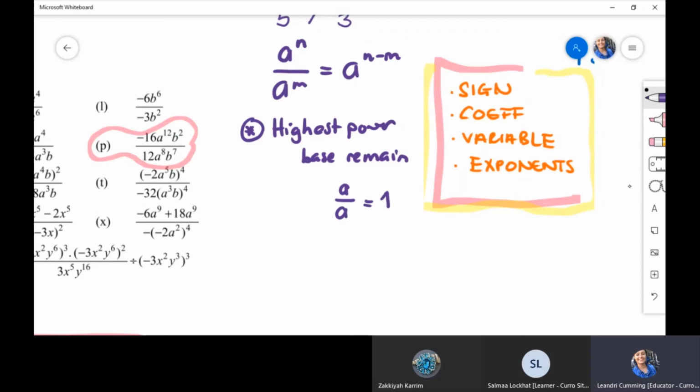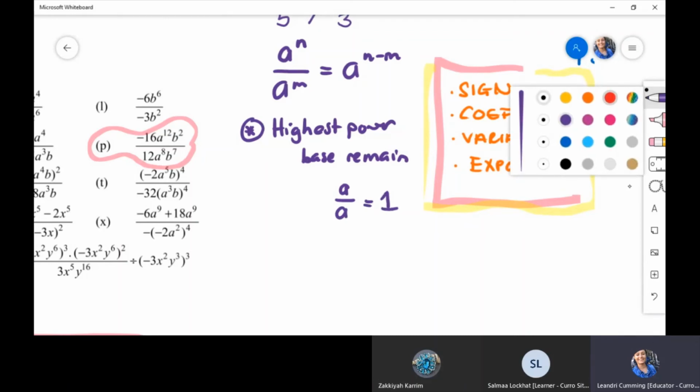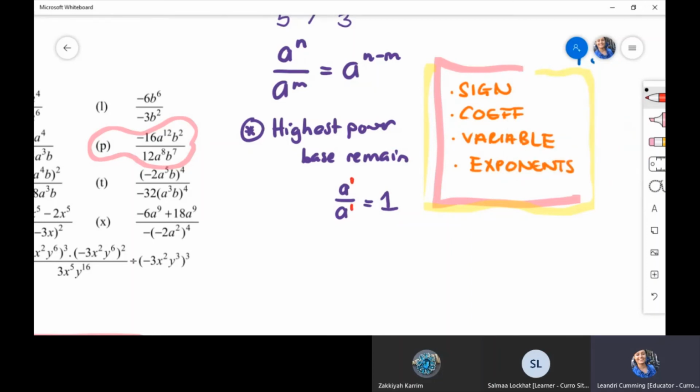But let's just add something that confuses us sometimes, the idea of dividing A by A. It becomes 1. Why does this happen? Where did this originate from? It originates from our law. A to the power of 1 divided by A to the power of 1 means A to the power of 1 minus 1, which gives me A to the power of 0, which becomes 1. Therefore, any value divided by itself becomes 1.